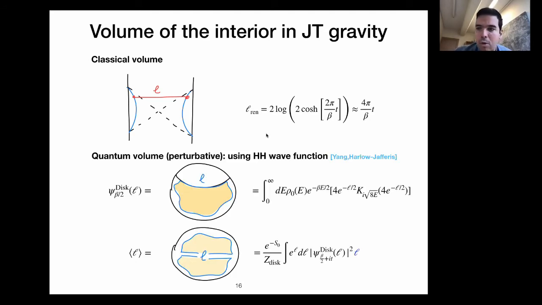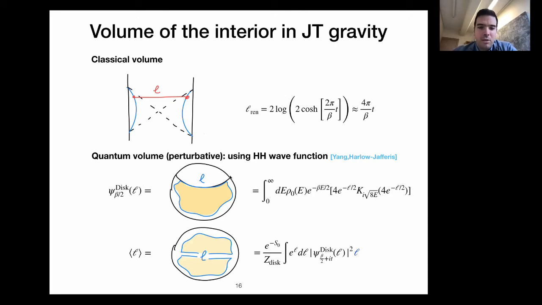So how do we generalize this in the quantum theory? Let's first talk about the quantum definition of the volume in the perturbative theory, where we don't sum over topologies. So we can define a quantum volume using the Hartle-Hawking wave function. So the Hartle-Hawking wave function is a state that you create by a Euclidean path integral.